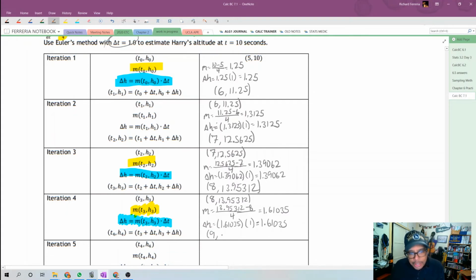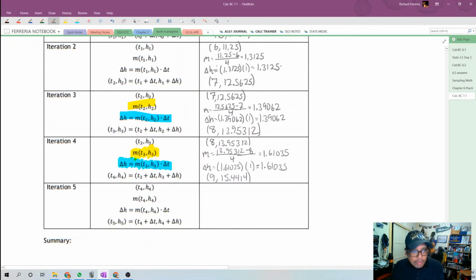And then h plus delta h is 13.95312 plus 1.61035, and that's 15.56347. And we've arrived at the last iteration.